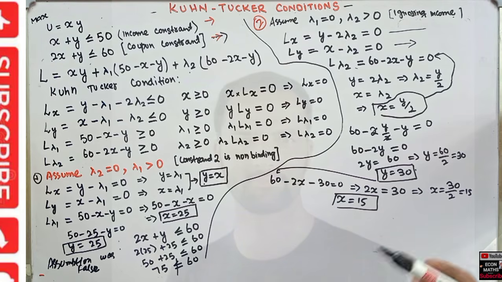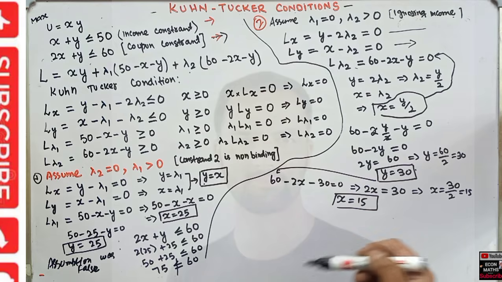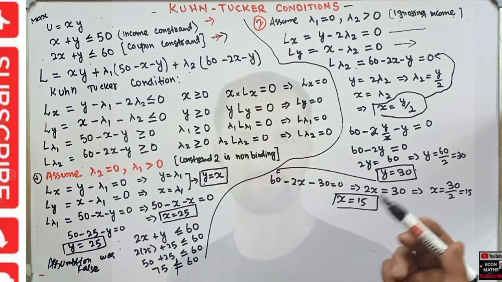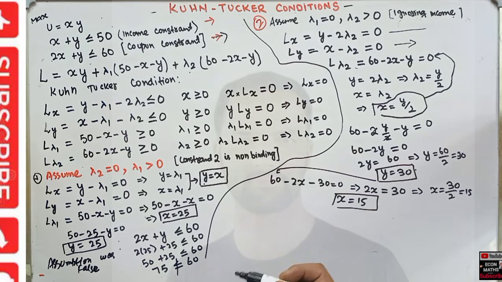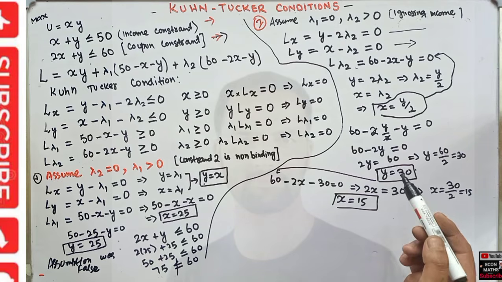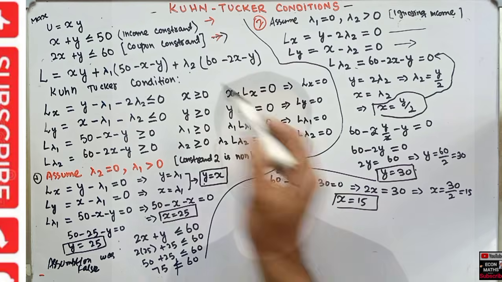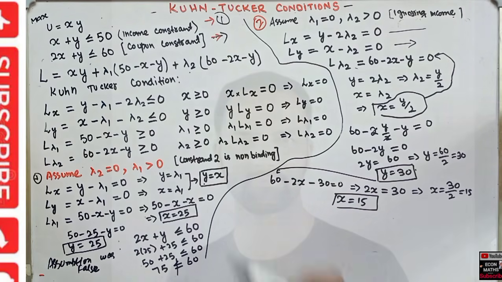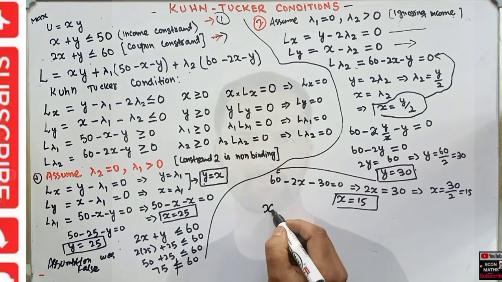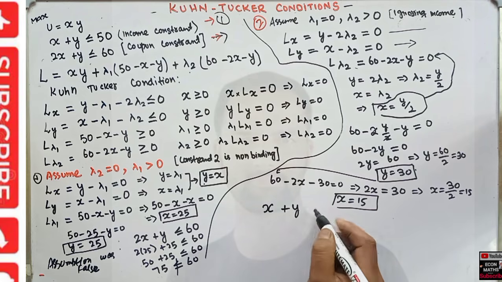Now we just need to check whether our assumption was correct, that we don't care about our income constraint. For that we need to put y is equal to 30, x is equal to 15 back in our first constraint, to make sure that our assumption was right. That means x plus y should be less than or equal to 50.